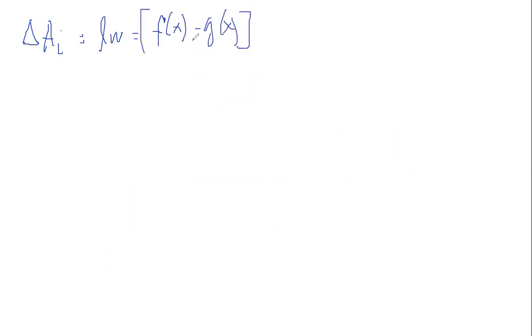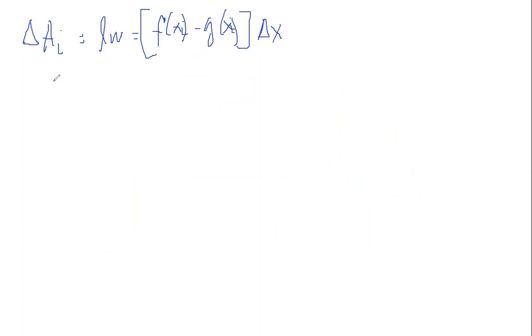Okay, so we have, let's use the black one or blue one. The delta a sub i is equal to length times width, and the length is f of x minus g of x times the delta x. Or let's say this is x sub i.